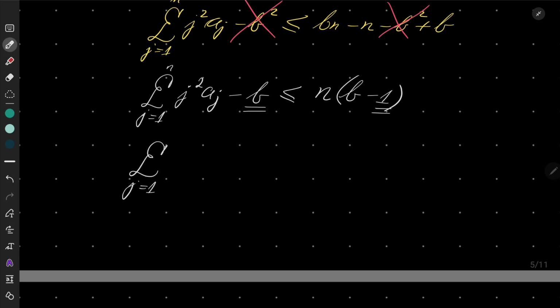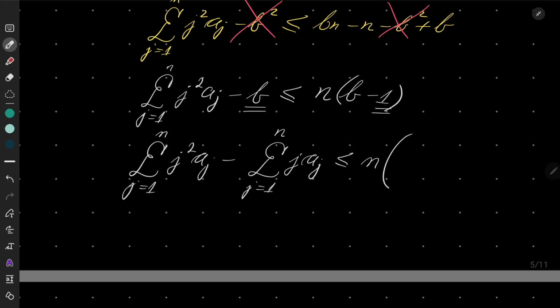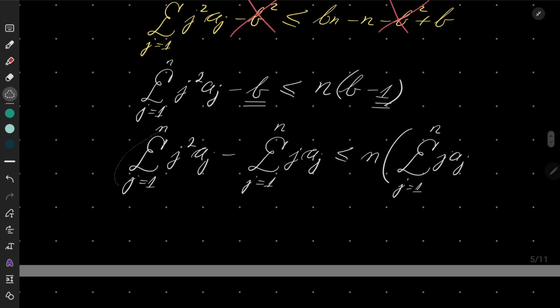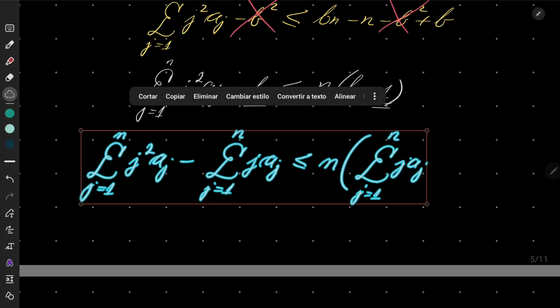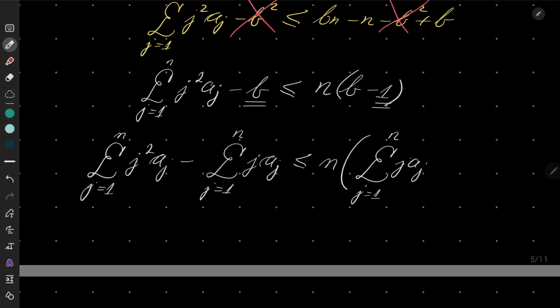What do I mean by that? The first sum is that, remember that b was defined as the sum from j equals 1 to n of j aj. Here we also have the very same sum, j aj, and finally remember that 1 happens to be just the sum as j goes from 1 to n of aj. Okay.